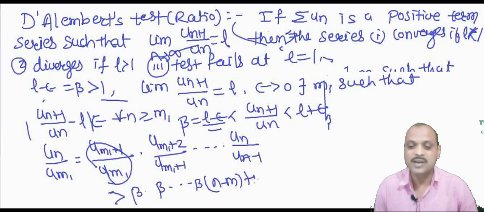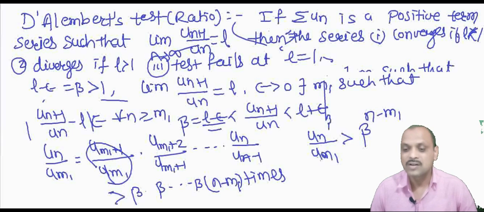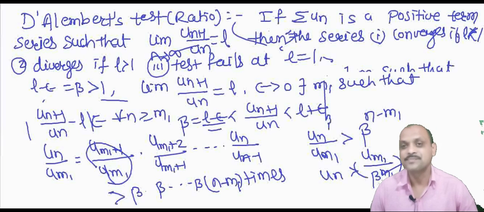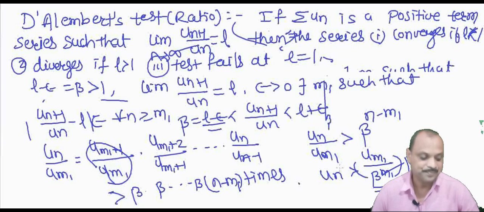N minus m1 times beta. So u_n divided by u_(m1) is greater than beta raised to n minus m1, or u_n is greater than u_(m1) divided by beta raised to m1 into beta raised to n. This is a fixed quantity k. But this is a geometric series, a divergent series, and hence by the comparison test the series u_n is also divergent.